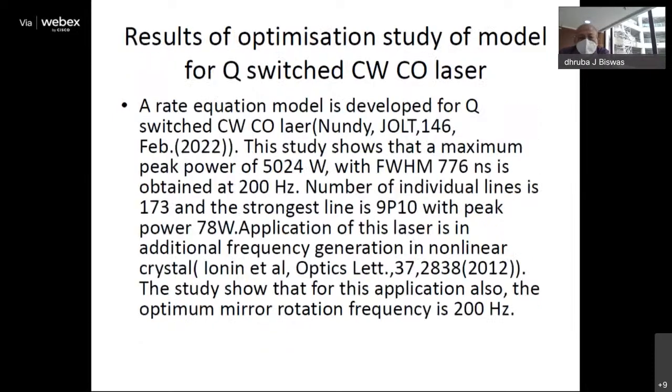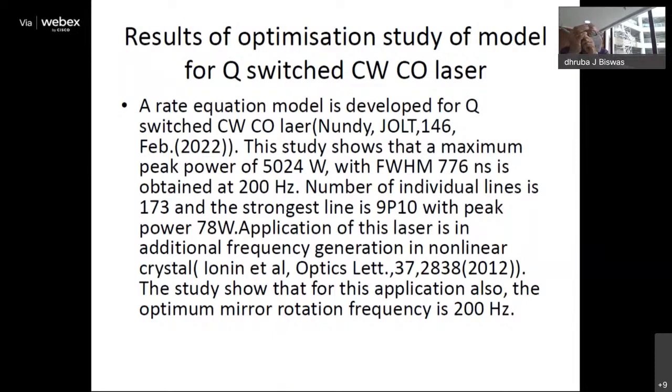Can I have the next slide, please? My theoretical model is presented in the Journal of Optics and Laser Technology, February. Please go through it to understand the various aspects. A very big application of this laser, because of the number of lines lasing, is that we can focus it into a crystal called zinc germanium phosphate and generate additional lines.